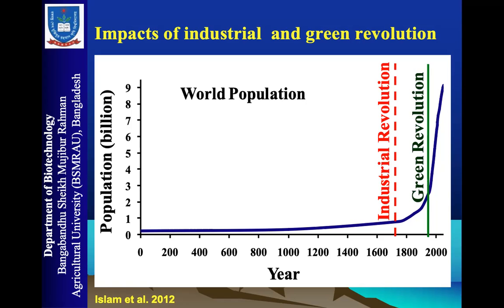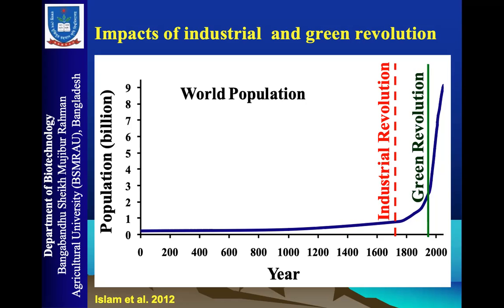That means a dramatic increase will take place, and to satisfy the basic and aesthetic needs of such a high number of people is really a big challenge. Now, the two important man-made events in human history: the industrial revolution made humans very powerful. The discovery of the engine, and everything is now mechanized.